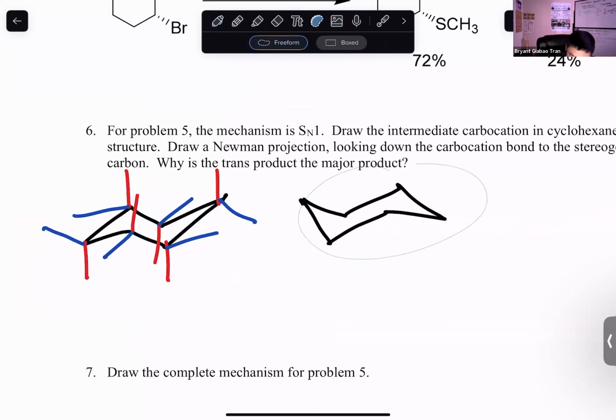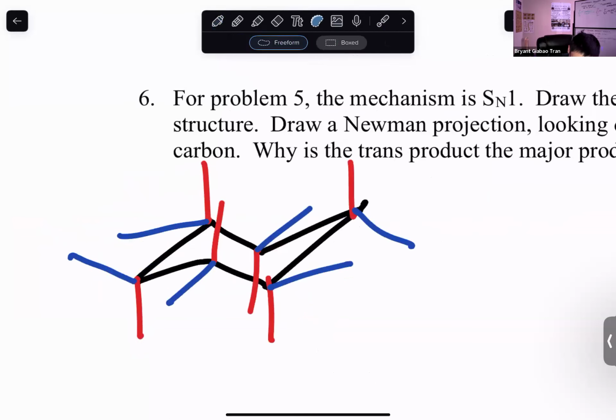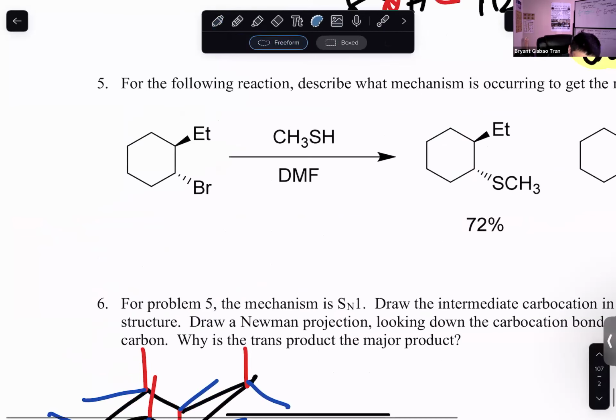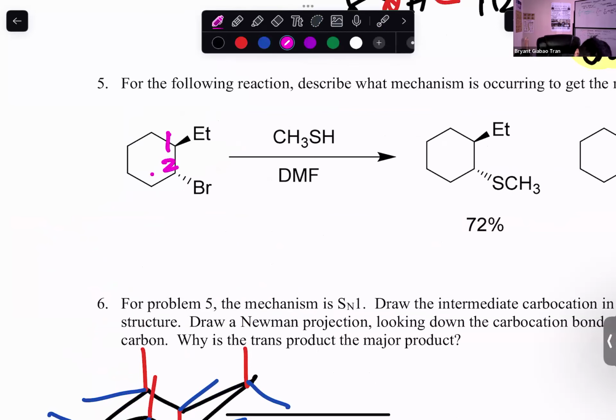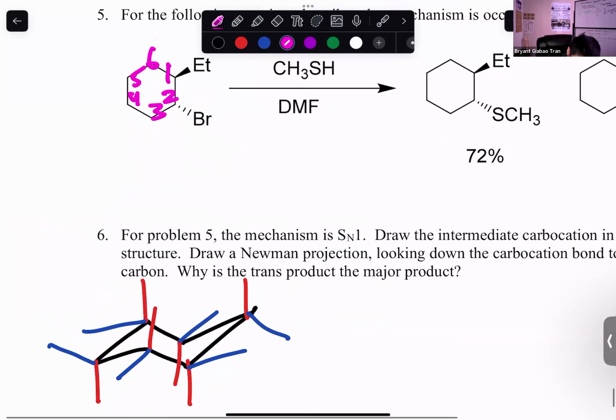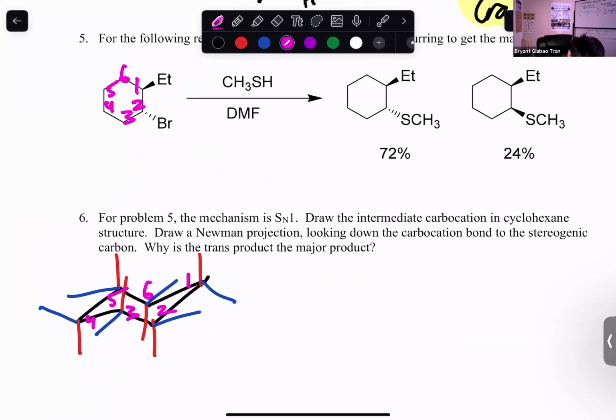And this is just the chair flip of it, but I'm just going to focus on this first chair right here, where let's say I number this 1, 2, 3, 4, 5, 6. It doesn't matter how you number it. What matters is what you put to it, right? So I'm going to put this as 1, 2, 3, 4, 5, 6, like that, right?